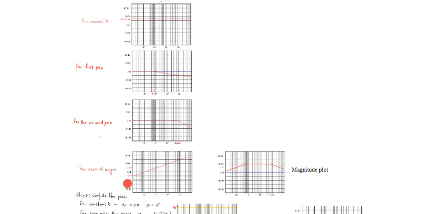Now we have to club all these four and get the final magnitude of the system. So how do we plot or combine all these four?